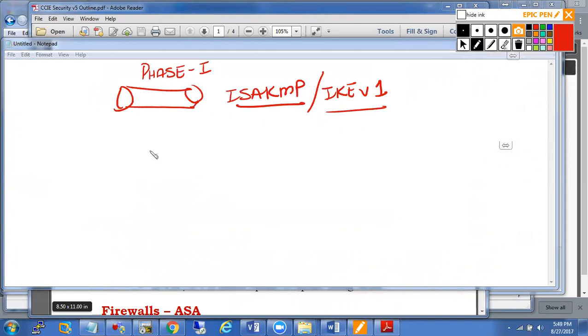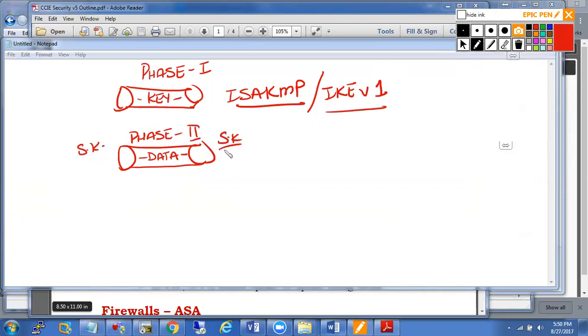And then you had a second tunnel, the phase two tunnel. This was for the data encryption. This was for the key encryption. The key that will be used over here, the session key. Everybody okay with that? Do you understand that concept? Right?